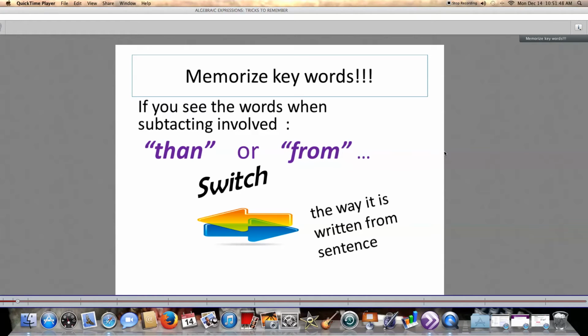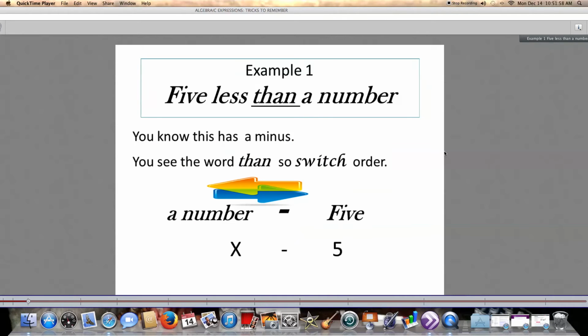When you know in your sentence that the words than or from are there, you switch the order of the way it was written in the sentence. For example, 5 less than a number. You see the word than, so you know you switch the order.